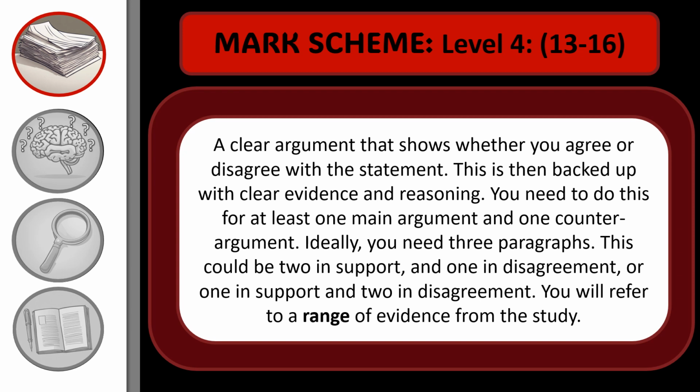You also need to do this for at least one main argument and one counter argument. Ideally, you need to be writing 3 paragraphs, 2 in support and 1 in disagreement with the statement, or vice versa, and you need to show a range of evidence. So you can't just talk about one example. You'll need to talk about a range of examples from the study.